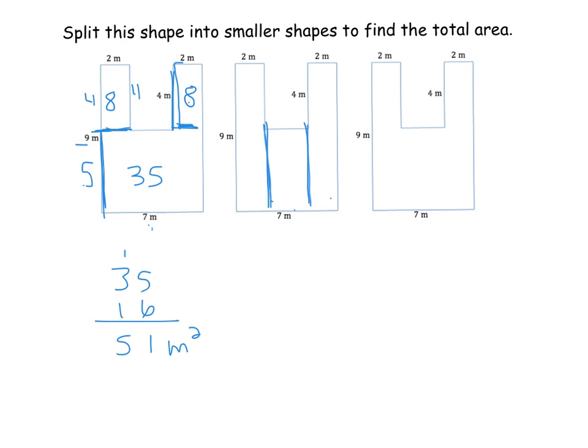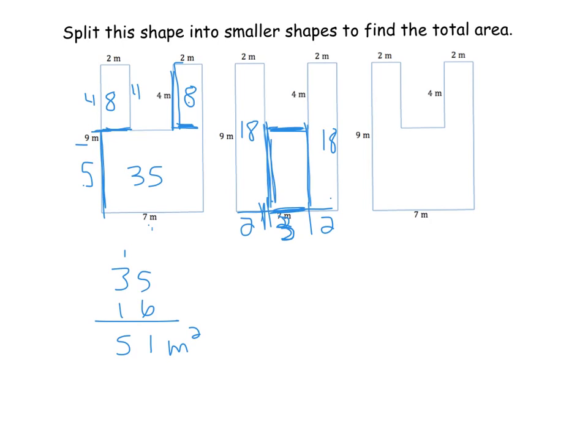What if we did it this way? 2 times 9 is 18. We have another 18 over here. But now what about this? Here, right here, this whole thing is 7. But we have this part which is 2 and this part which is 2. So this length right here must be 3 to make up the total 7. 2 plus 3 plus 2 is 7.